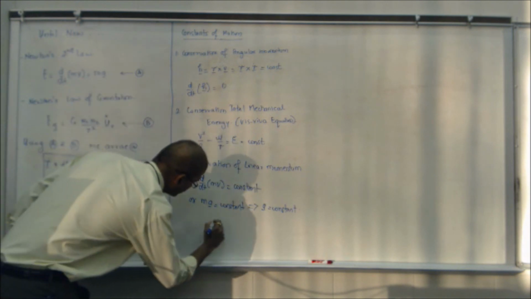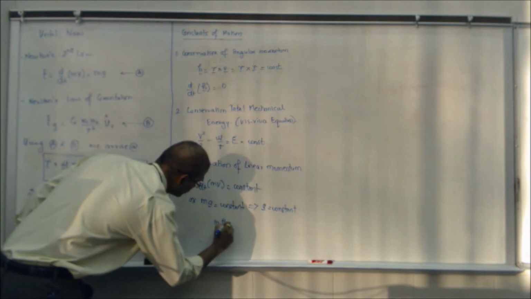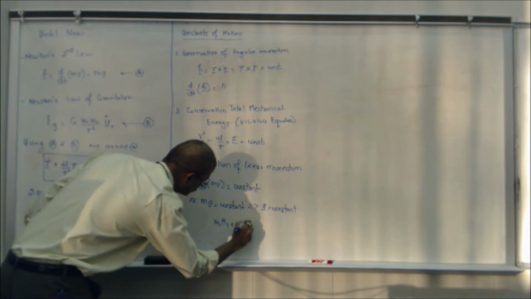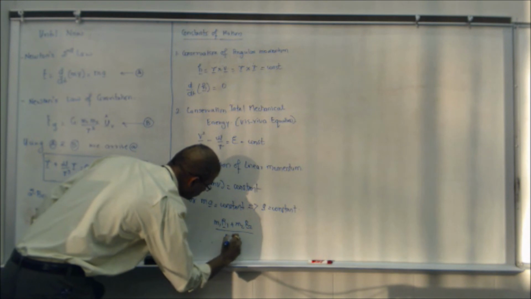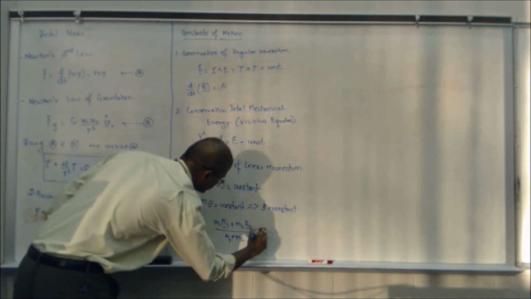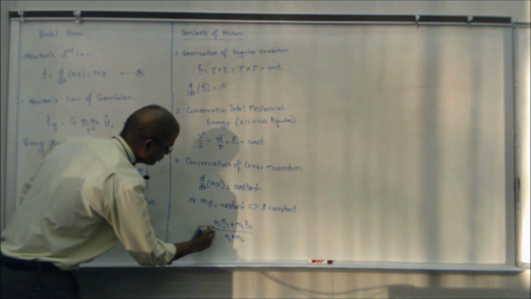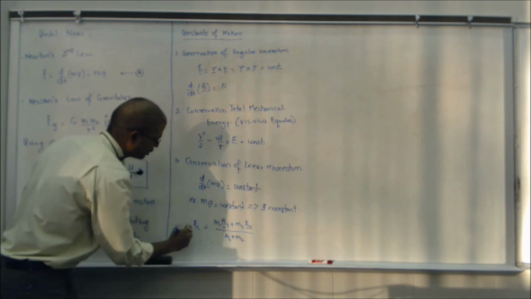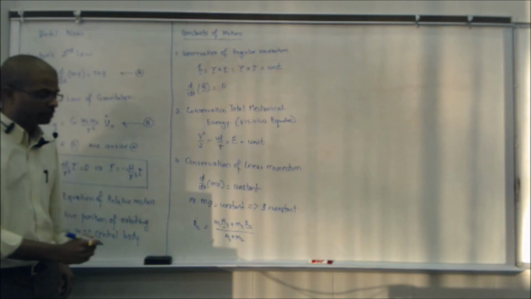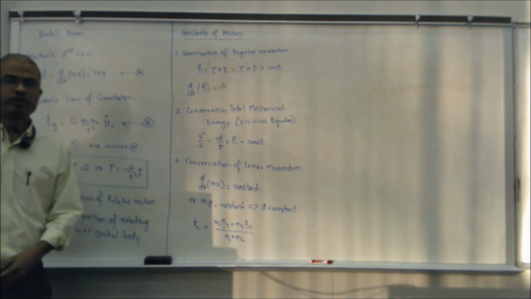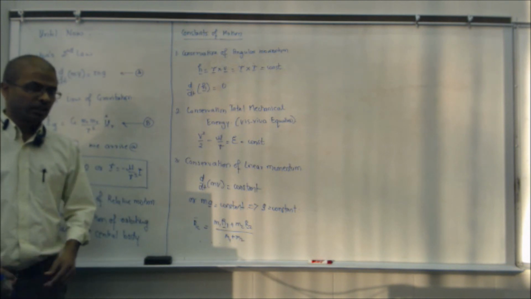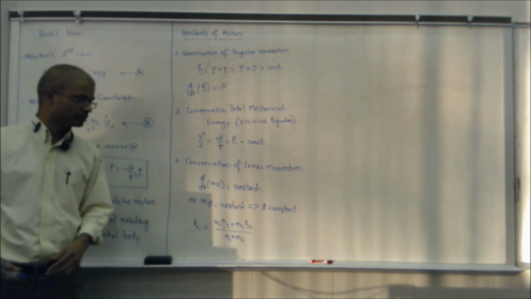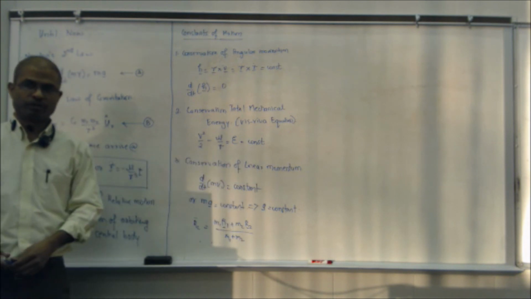You have m1 r1 plus m2 r2 over m1 plus m2. And then we said this is rc, and this double dot was proved as constant, right? That itself is this conservation of linear momentum.